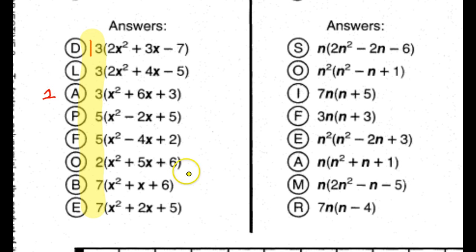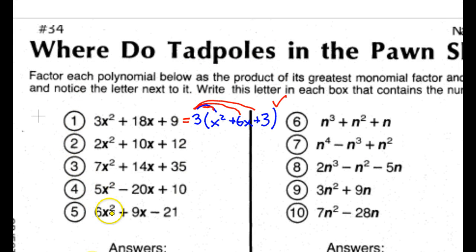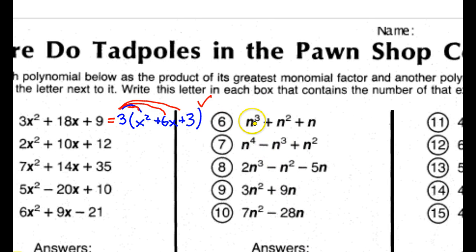That's the biggest number that goes into the sum of these. Some of these you can see 7 goes in all these numbers, 2 goes in all these numbers, and so on. Over here, what else do they have in common besides numbers? They also have variables. Since there's an n in all of them, you can take out an n.